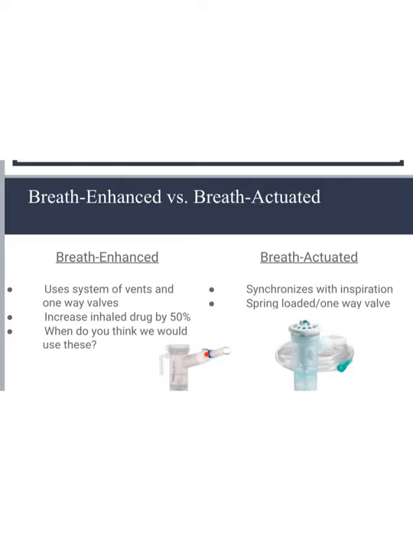So they're not losing a bunch of medication. And then on the top, and I'll show you in the video because I have a bunch of these nebs, there's a valve on the top that prevents the medicine from being lost out the top of the nebulizer. So breath enhanced uses vents and one-way valves to increase the drug by 50%.